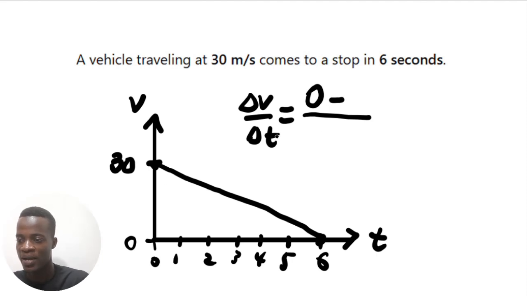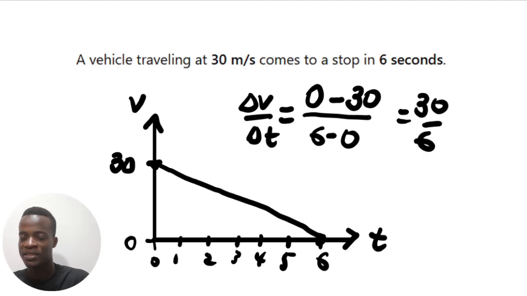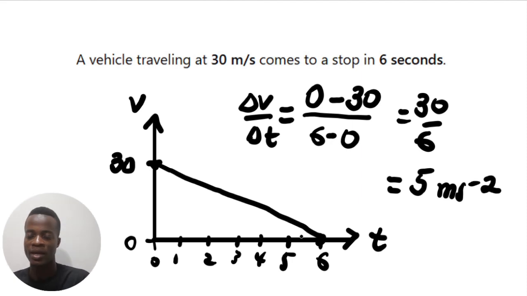So 0 minus 30, that's Vf minus Vi. Vi is the initial velocity, the starting point. We started from here at 30 and ended here at 0. And what about the time? It's always the final time, which is 6, minus the initial time, which is 0. Then we have negative 30 over 6, which gives us negative 5. The unit is meters per second squared again.